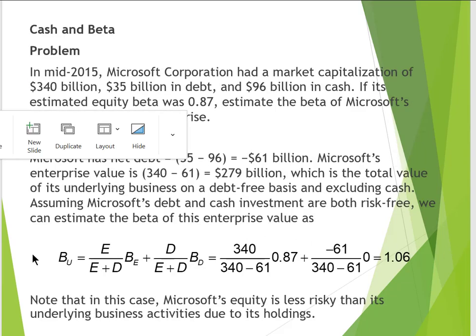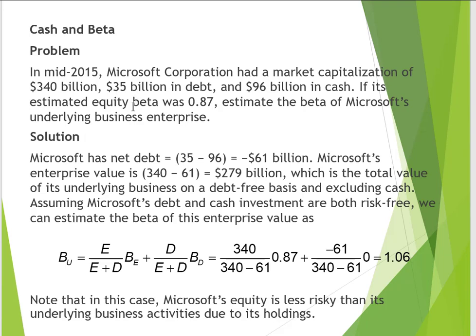So here we have a company in mid-2015. We had $340 billion in capitalization, $35 billion in debt, $96 billion in cash. Equity beta was 0.87. So they want us to estimate the beta of its underlying business enterprise.